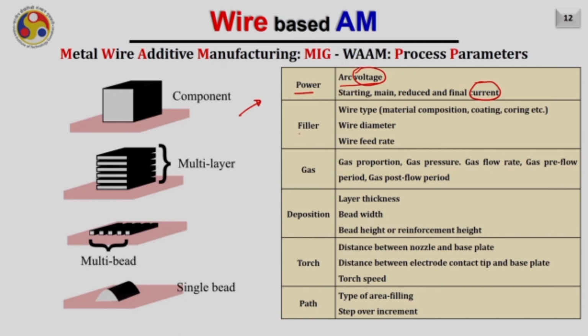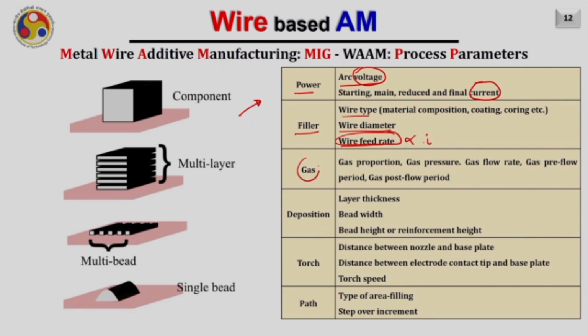Then the type of filler material: which type of material we are using, what is the diameter of the wire, and what is the wire feed rate. It can also be noted that the wire feed rate, at least in the case of the automatic MIG welding process, is directly proportional to the current which we are supplying. So they both are in synergy.